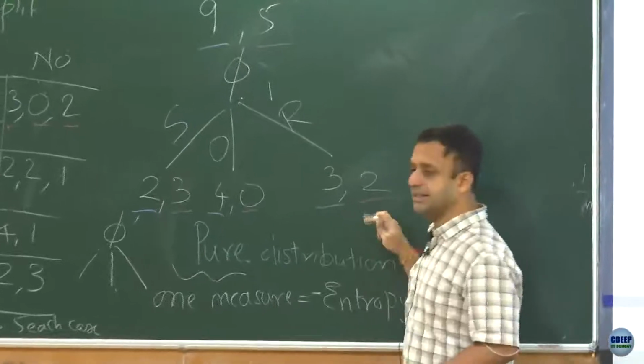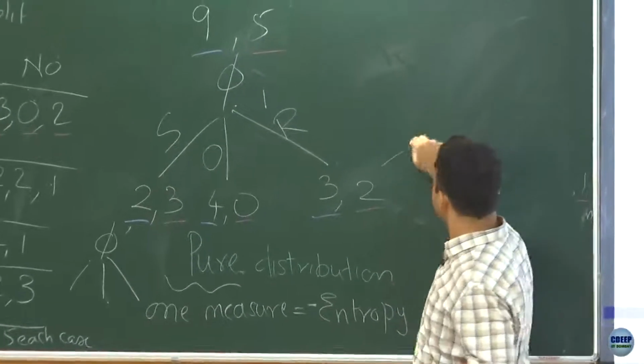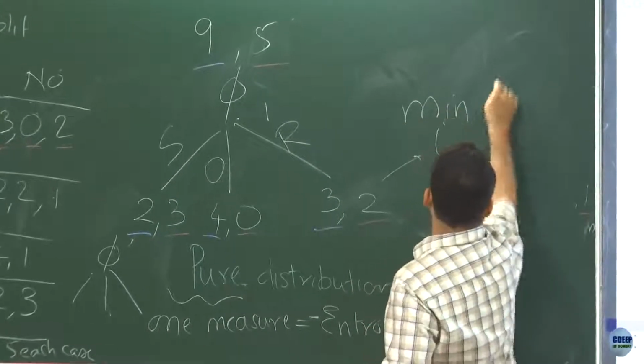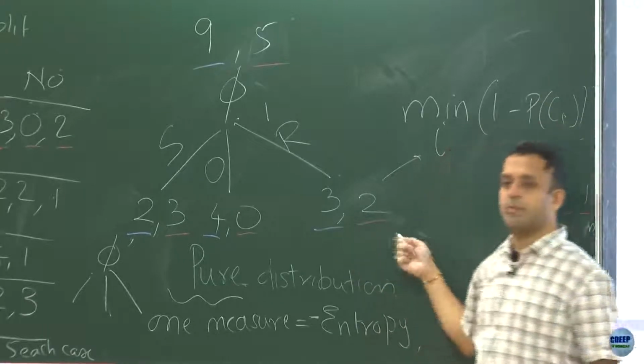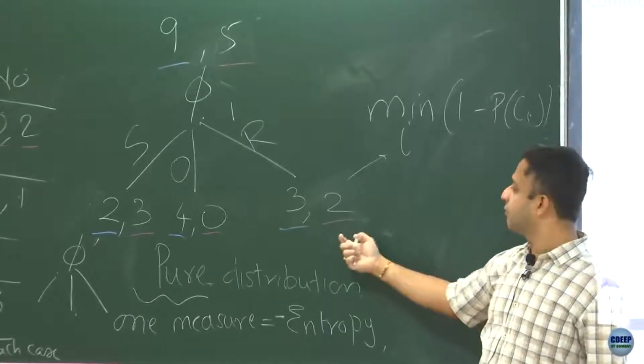Okay, so let's take these three examples. What will be the value of min over i of 1 minus P of Ci here? I am looking for min of 1 minus P of Ci.